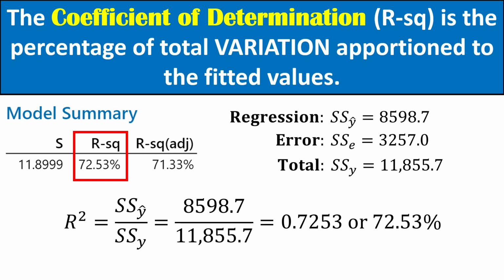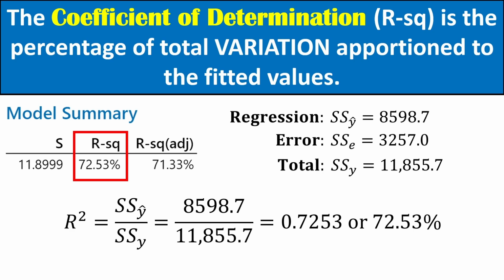So what are we seeing here? We're taking on the bottom of this fraction the total variation in the observations. And on top of the fraction is the part of that total variation that is going toward the systematic component. In other words, it's the part of the variation in the observations that is linearly systematic. Or another way of saying it, it's the variation of the fitted values.